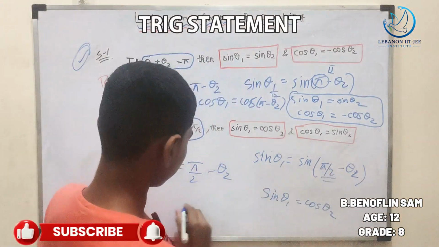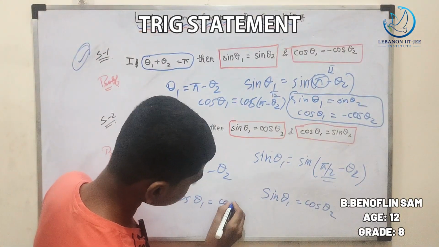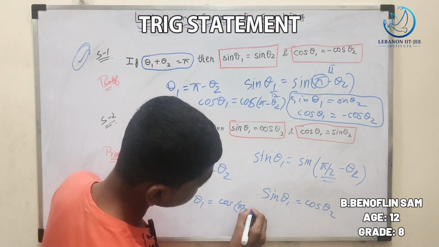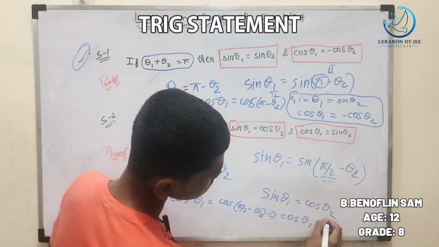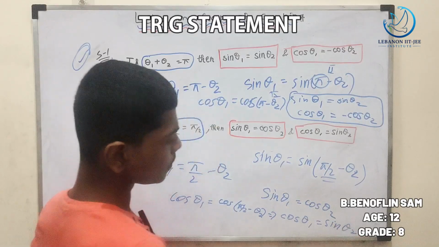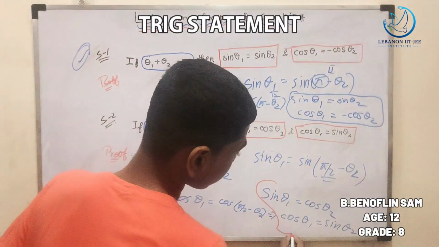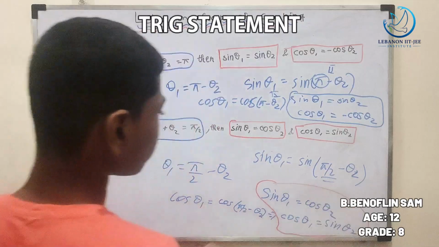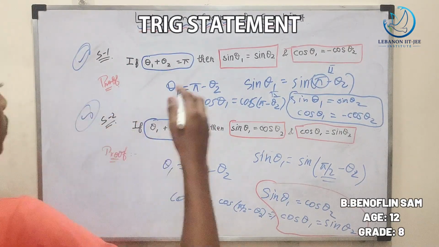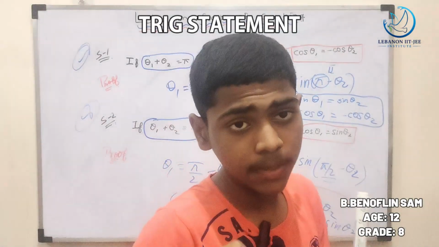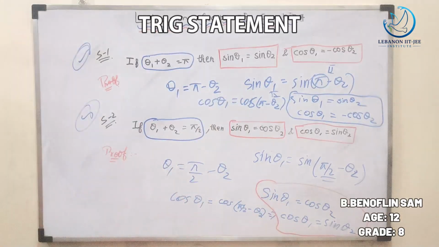Same as this, cos theta 1 is equal to cos of pi by 2 minus theta 2, so cos theta 1 is equal to sin theta 2. So statement 1 is finished, statement 2 is finished. With these statements, we are going to solve the radian problems. Let's get started.